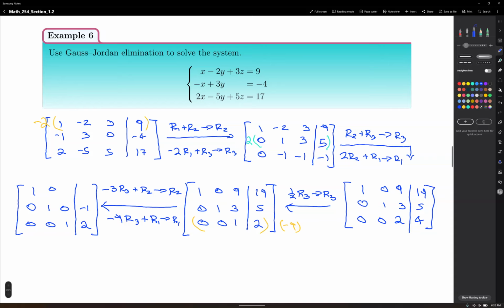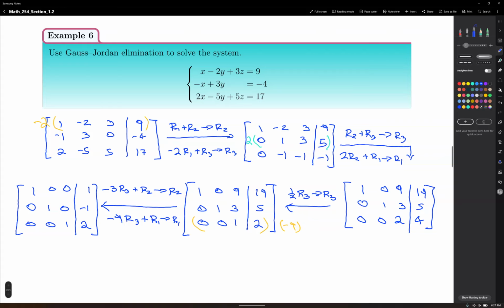Do you see how these zeros do not get messed up? The more we go, the further we move through the echelon form. And then -9 times 1, that's a -9 plus 9, 0. -9 times 2 is -18 plus 19, 1. And guys, a matrix in reduced row echelon form.